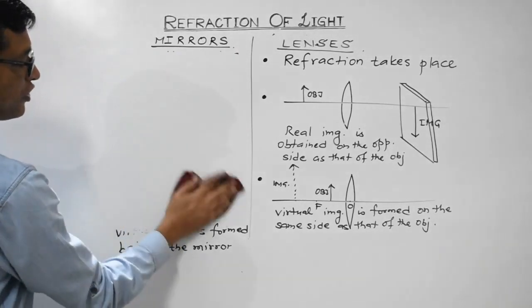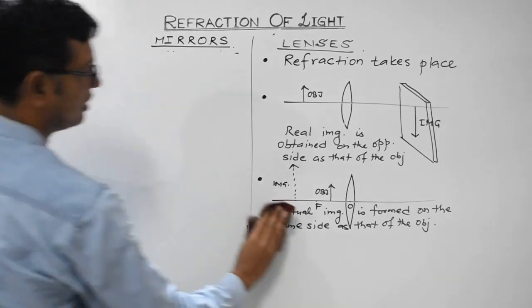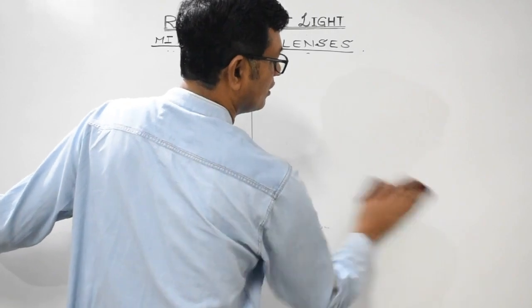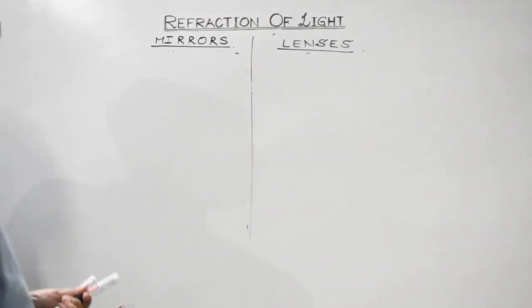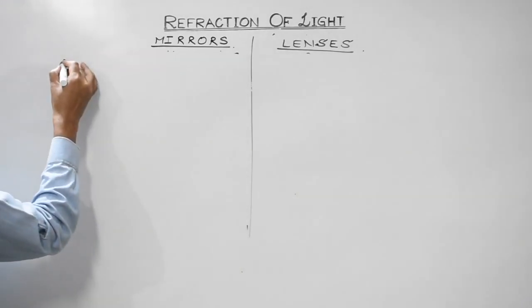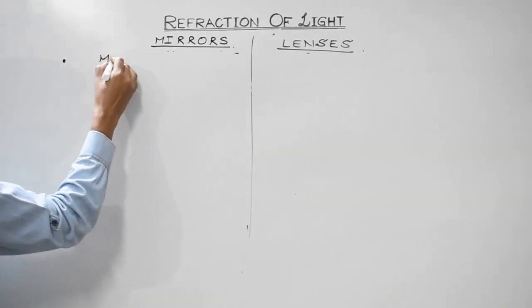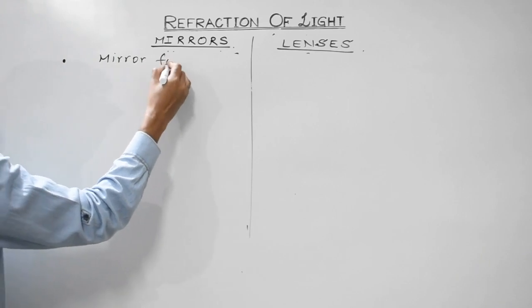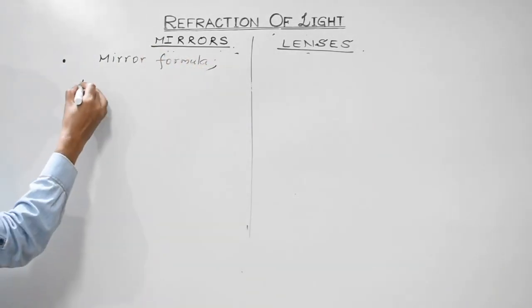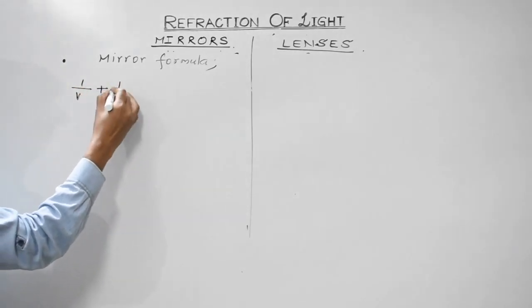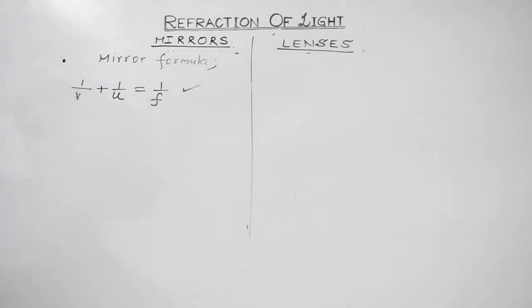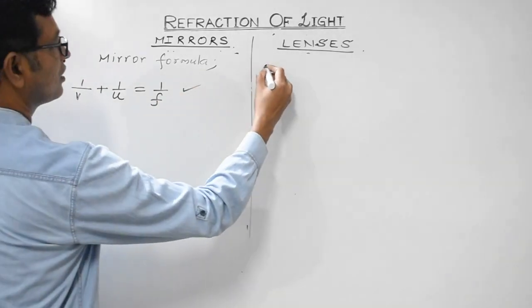Now, the relationship in U, V and F in case of mirrors is known as mirror formula. And mirror formula is, you are aware, 1 by V plus 1 by U is equal to 1 by F, right? So fourth point, what about mirror formula? Mirror formula is 1 by V plus 1 by U is equal to 1 by F. And just now we have discussed lens formula.